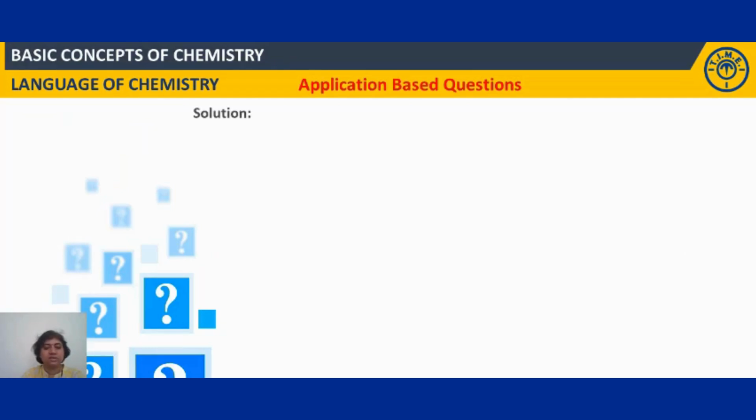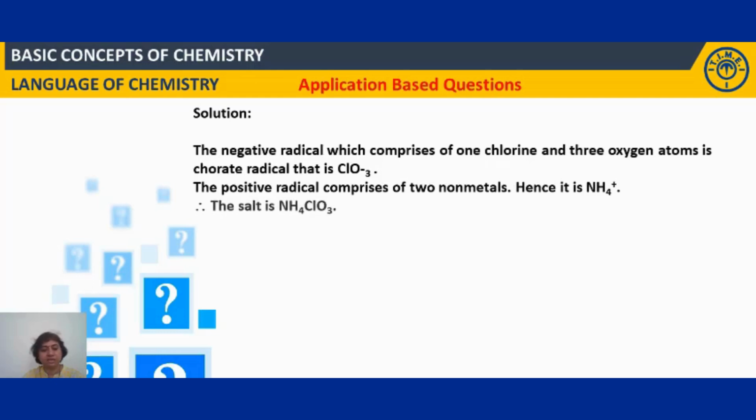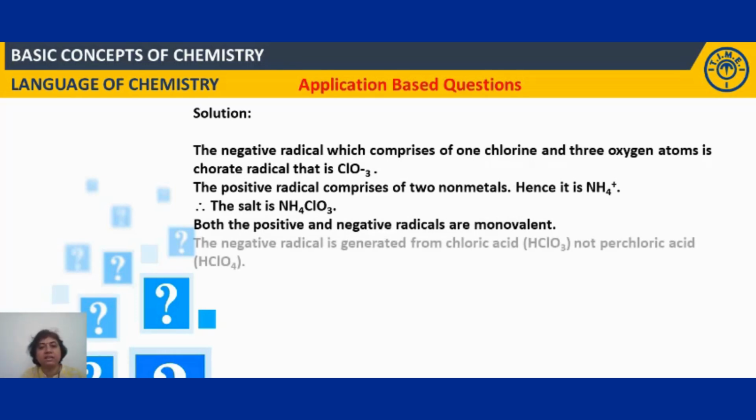So check the solution. The negative radical is ClO3 minus, the positive radical is NH4 plus, the salt is NH4ClO3. Both the positive and negative radicals are monovalent. The negative radical is generated from chloric acid, not perchloric acid.